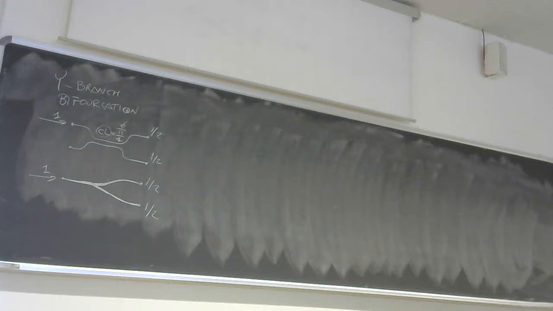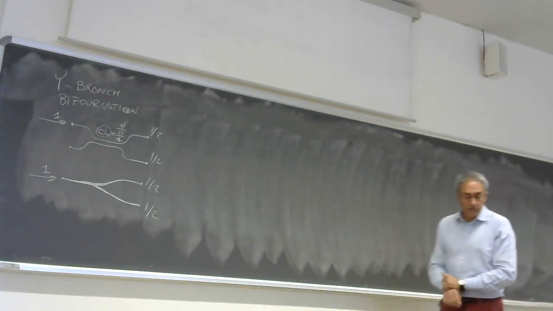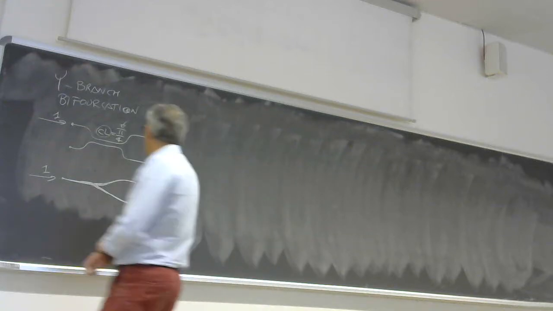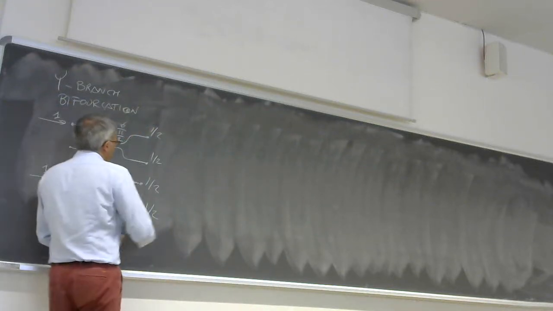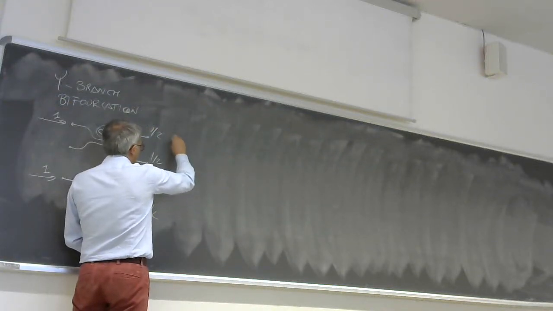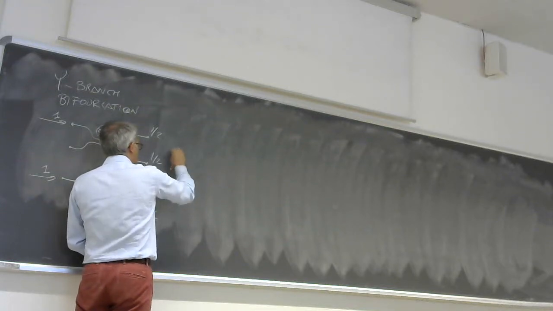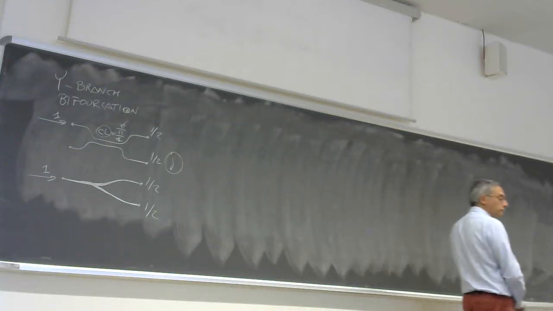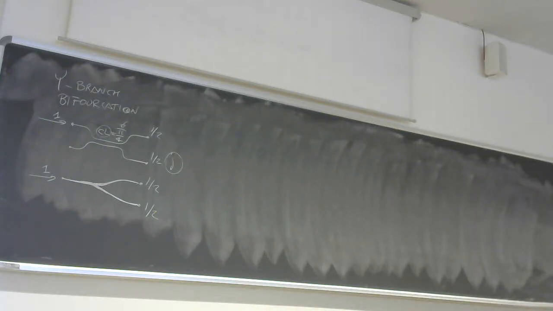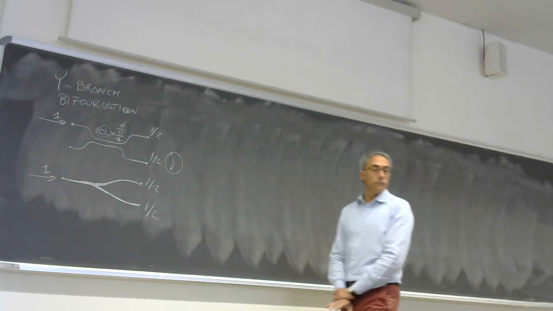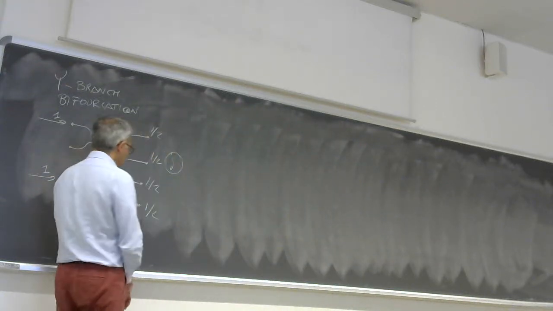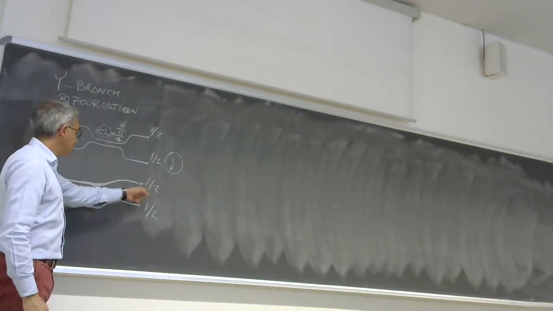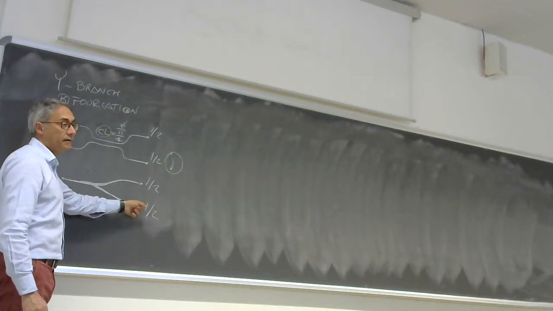So in some sense, it's easier to realize. We have seen that there is a pi shift in the output of the directional coupler, while in the Y-branch, because of the symmetry, the two outputs are absolutely in phase. So the phase of the two outputs is identical.